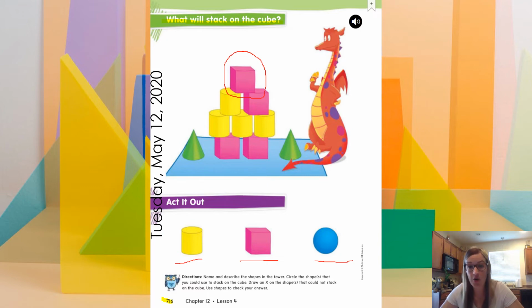Do you know what will stack on the cube? Good job, you're right. The cylinder can stack on top of the cube. You could stack another cube on top of the cube. The sphere cannot stack on top of the cube. Why? You're right, because they'll just roll off.